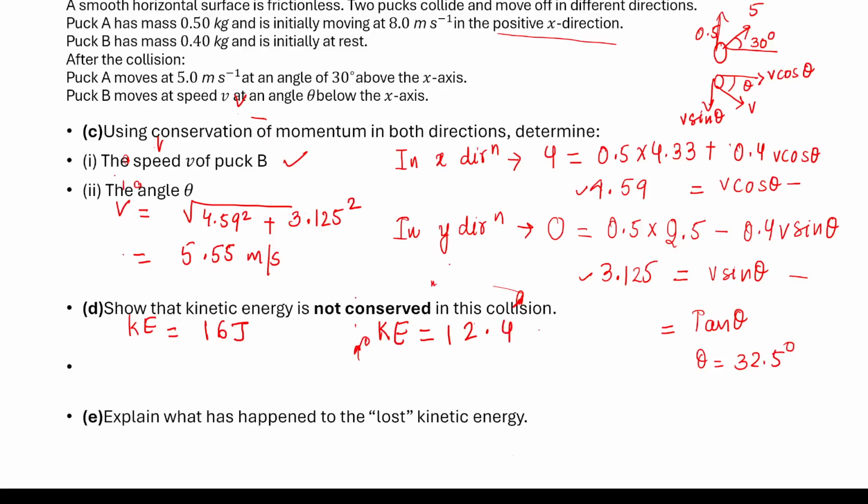It is lost in the collision. The lost kinetic energy, because the surface is frictionless, has gone into changing or deforming the shape of the two pucks. That's why it is inelastic.